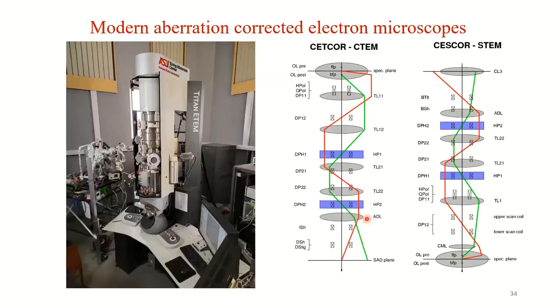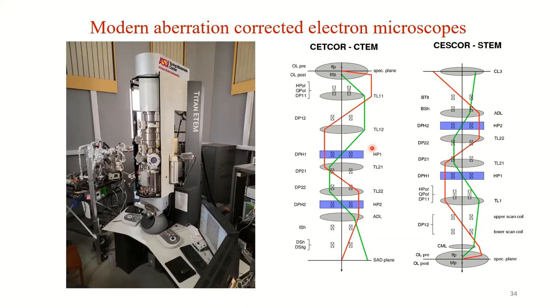And then I'd like to show you this environmental TEM at Arizona State University. This particular TEM is an image corrected TEM, and it is equipped with this CEOS corrector. As we know, because of the reciprocity theorem, if you make this corrector upside down, it will become the corrector for STEM, the probe corrector.